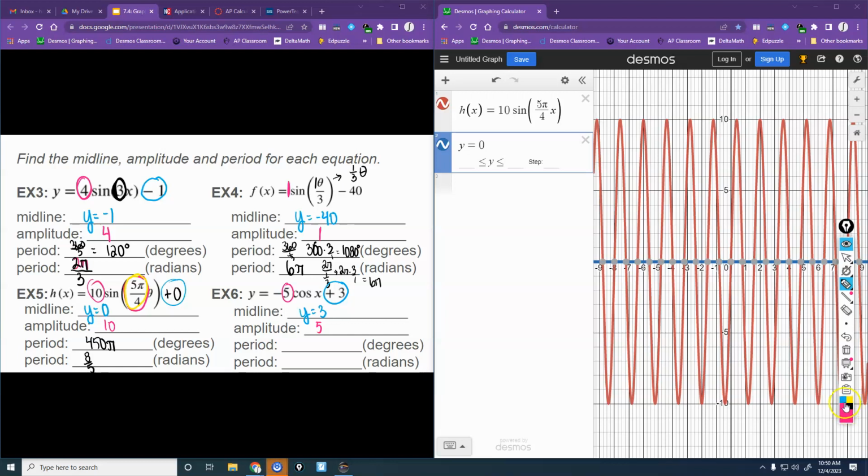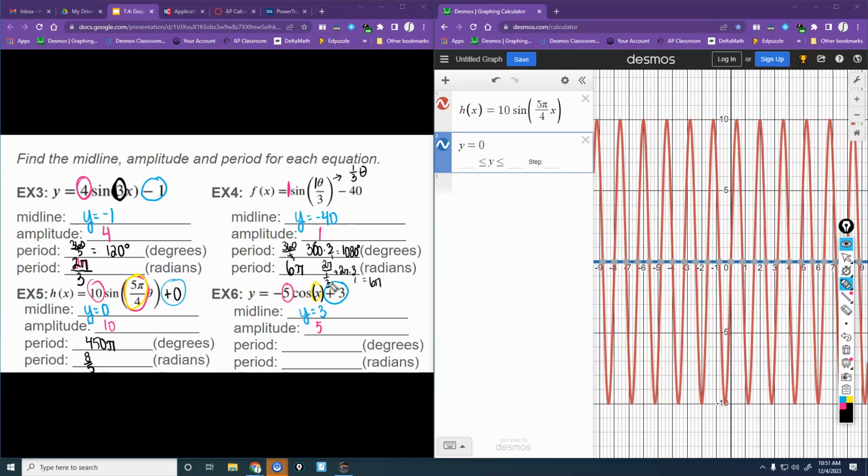All right. For the period of this function, we have to take the number that's multiplied by the x. What number is multiplied by x? 5 is on the outside, it's your amplitude. 3 is on the end. This does not have parentheses, so the parentheses just go around that x.